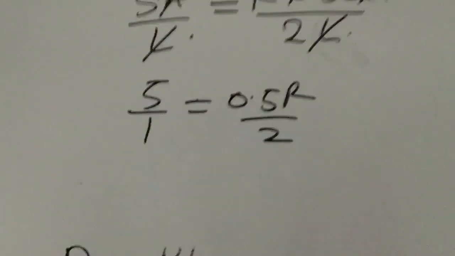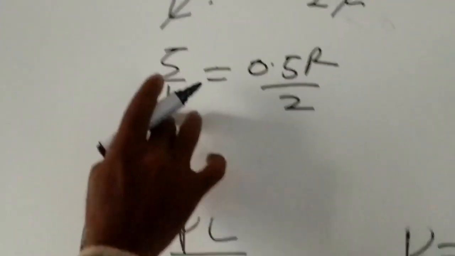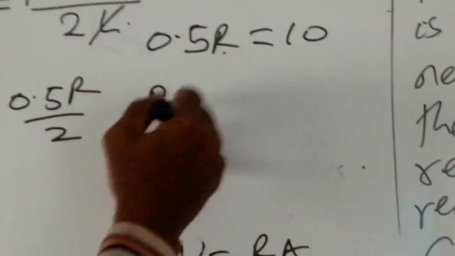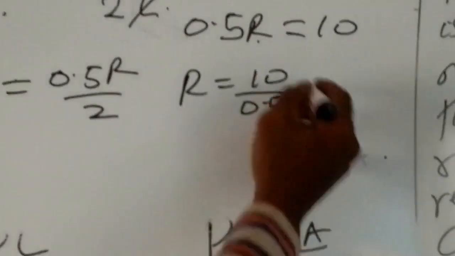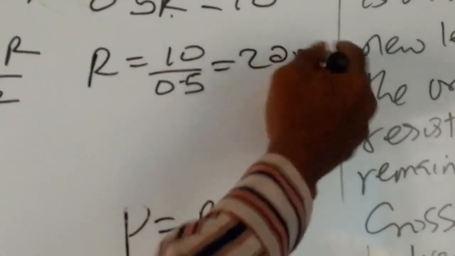We cross multiply and make the new resistance the subject. Now 0.5R times 1 gives us 0.5R, and 2 times 5 gives us 10. New resistance becomes 10 over 0.5. Solving, that gives us 20 ohms. So the new resistance of the wire is 20 ohms.